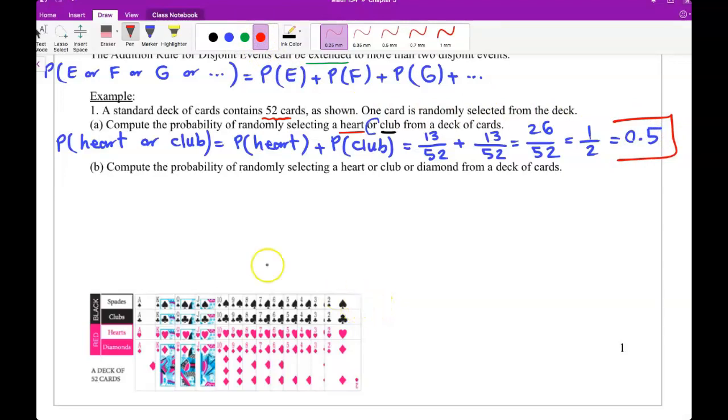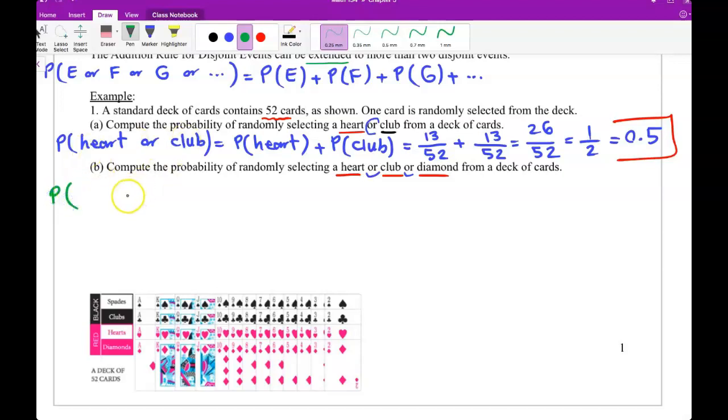Now part B: compute the probability of randomly selecting a heart or club or diamond. Again, here we have or in between, but we have 3 events.